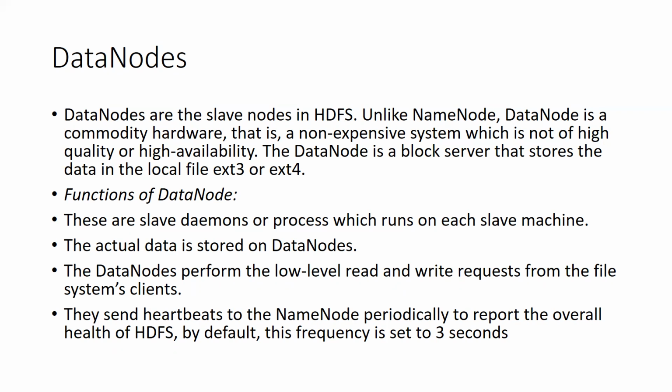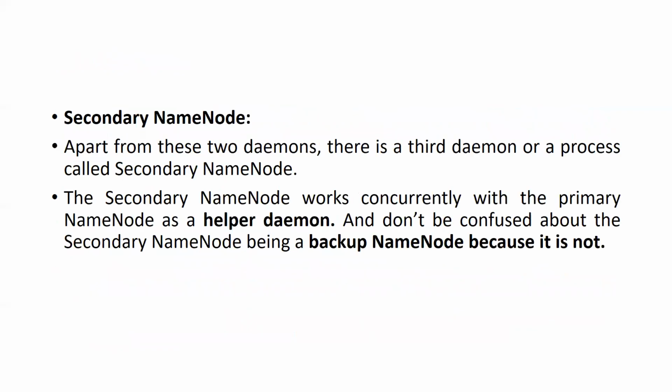By default, this frequency is set to 3 seconds. The secondary name node is the third part of HDFS. It's a helper daemon. The secondary name node will work concurrently with the primary name node, and it will have the backup of the name node.